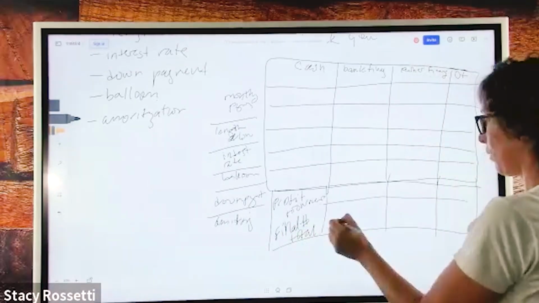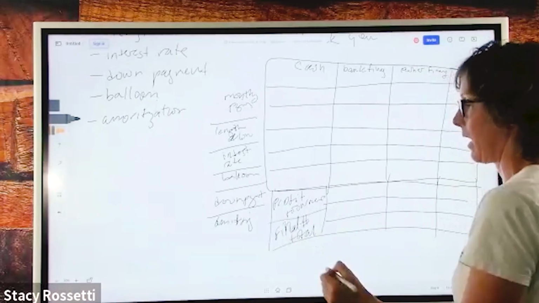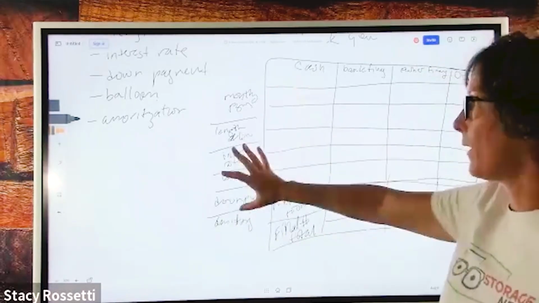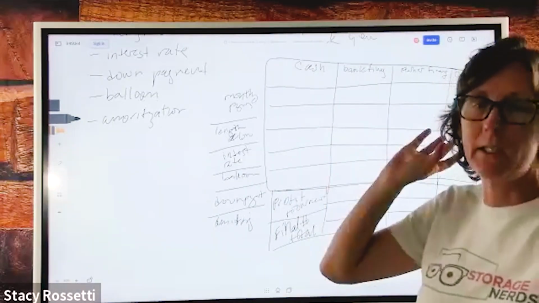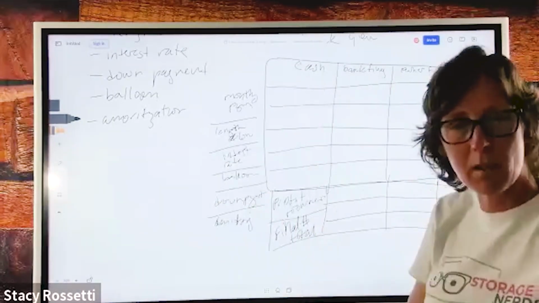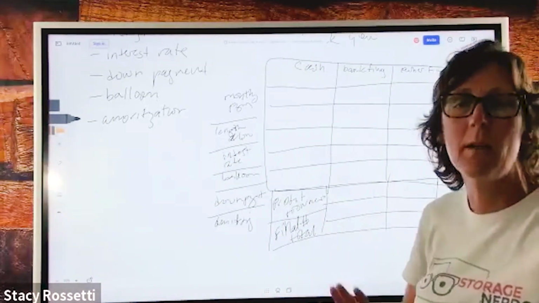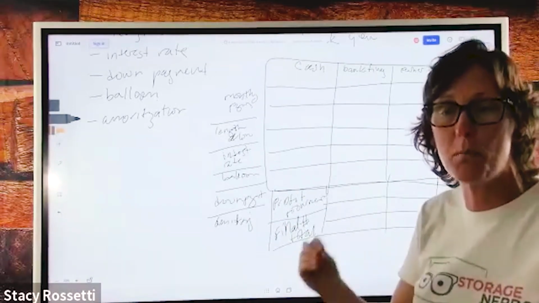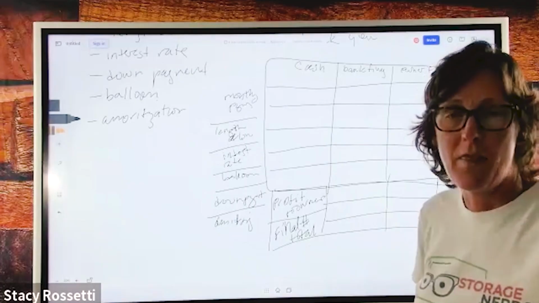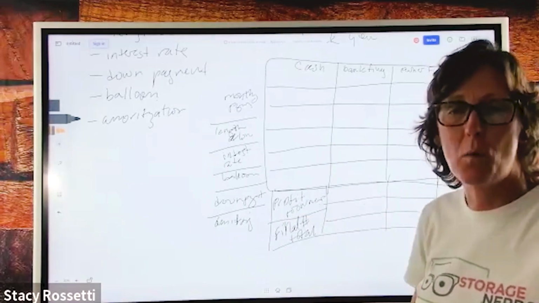And that's what you're putting in these. Okay. So we show not only what they're making on a monthly basis, what the interest rate, what the length of the loan is, what the down payment's going to be, what the amortization is going to be. We also show them how much money they're going to be making. That is the number that they're going to want to know.